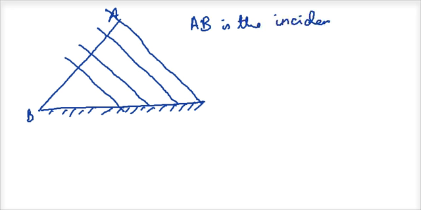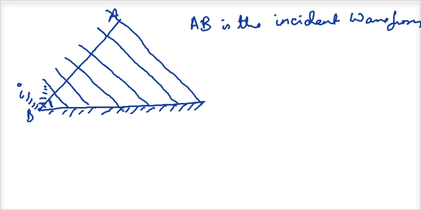The angle which the incident wavefront makes with the plane is what is called the angle of incidence. So this is I, the angle of incidence. Now understand that as soon as this hits here, this wave will get reflected and it will move somehow.